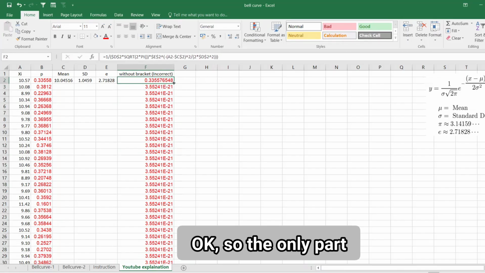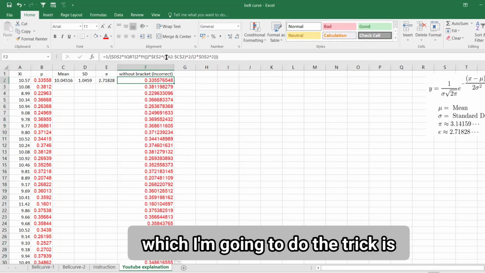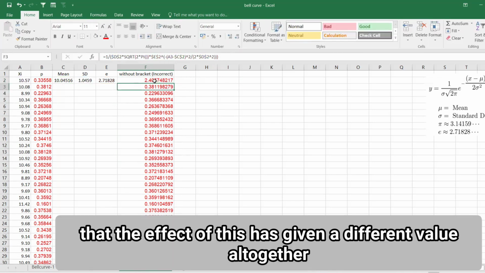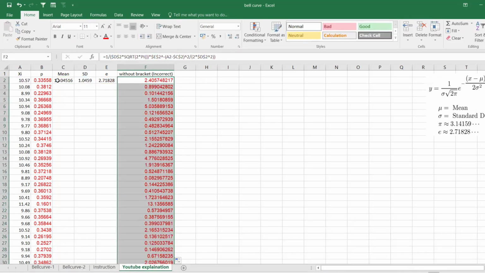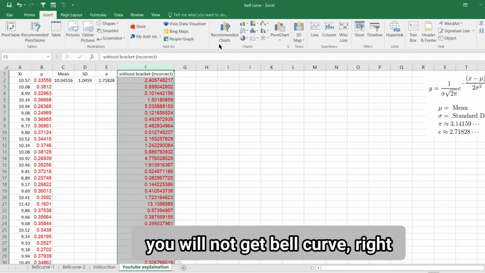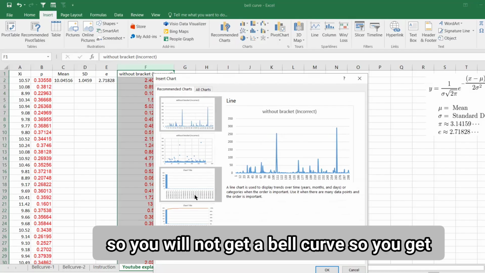The only part I'm going to do the trick with is that I'm going to remove that minus, and you see that the effect of this has given a different value altogether. And now even if I do the bell curve, you will not get a bell curve.